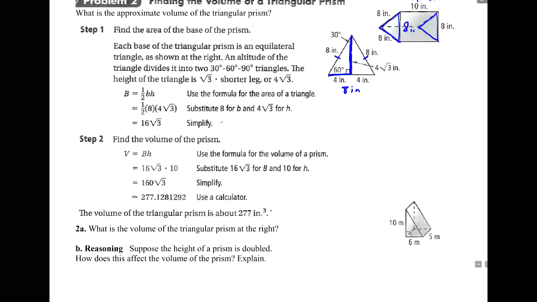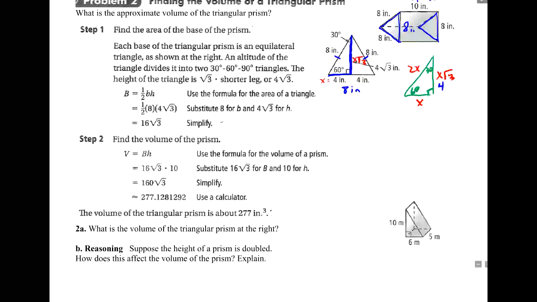Because it's equilateral, we have a 30, 60, 90, and that should ring bells with you. 30, 60, 90 means we have x, 2x, and x root 3, which means this is going to be x root 3 right here, and we know that x is 4.